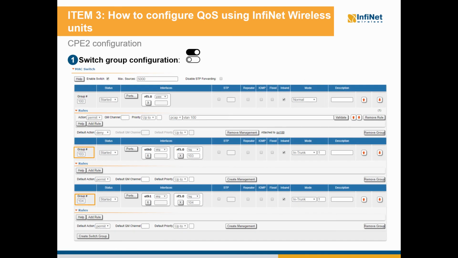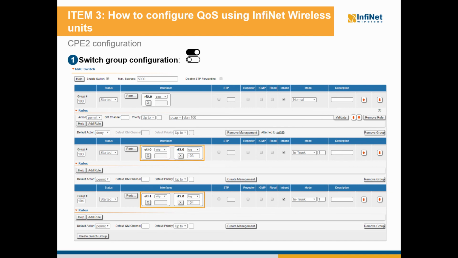For CPE2, switch groups 103 and 104 are used for the data traffic and should be set to the in-trunk operational mode, similar to the CPE1 configuration. Because the two PCs that are connected to CPE2 use untagged traffic, no VLAN filtering rules can be configured on the switch groups.